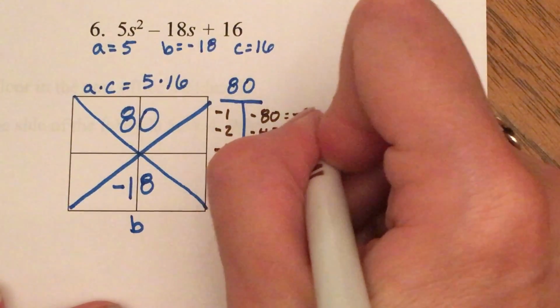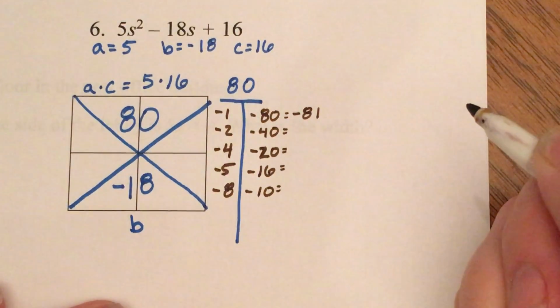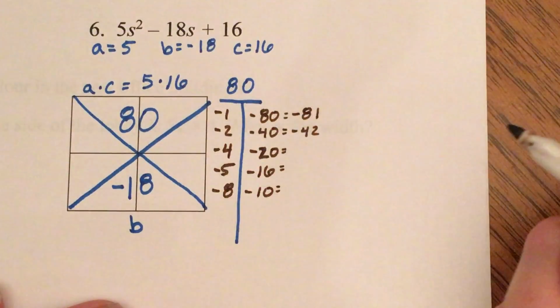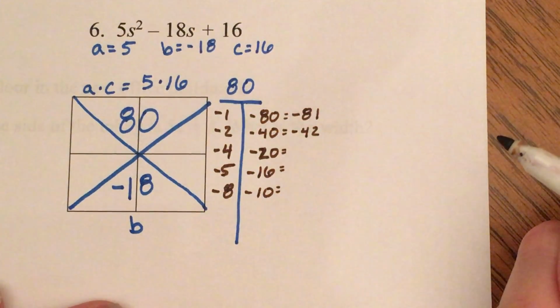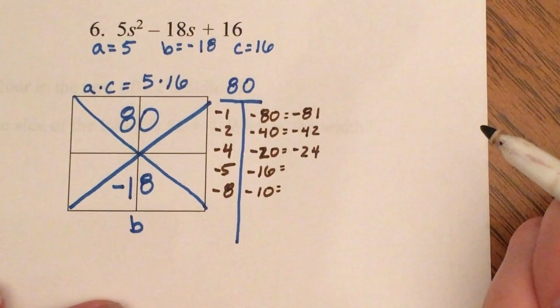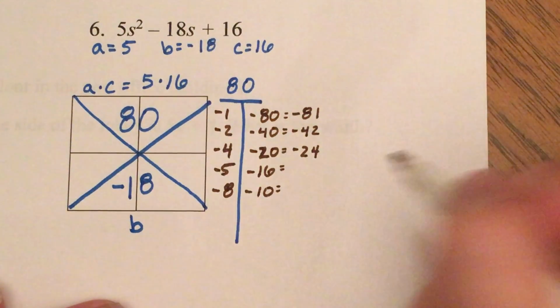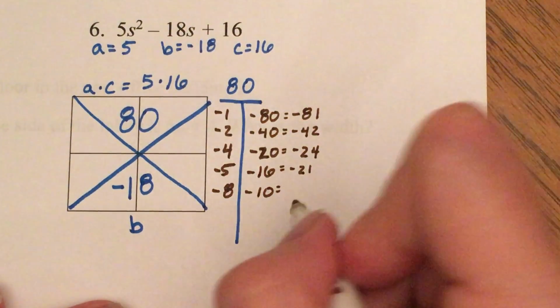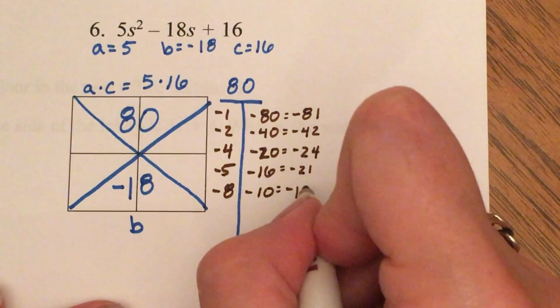Did you get -81? -42? -24? -21? And -18?